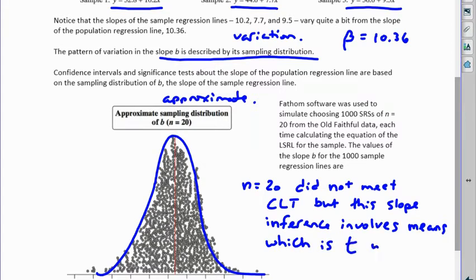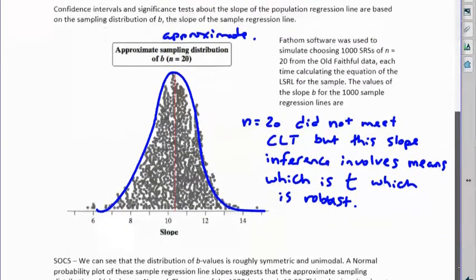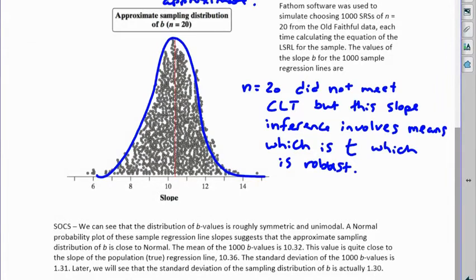T, which is robust. So if we look at the graphs of the data, then even at low levels, we can do a T interval or a T test for this situation.